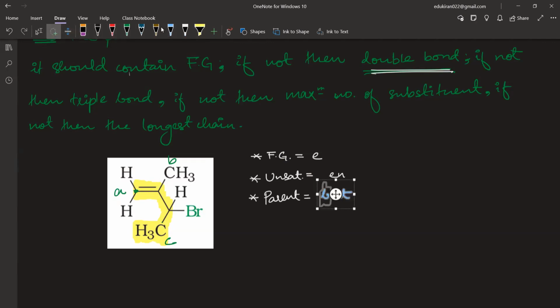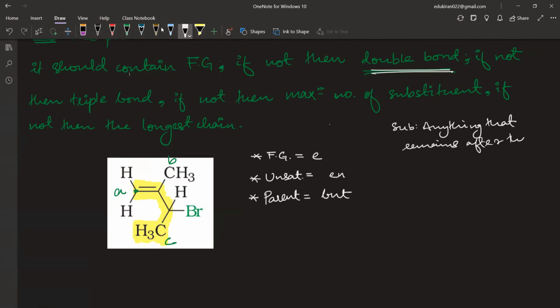Now comes the substituent. What is a substituent? Anything that remains after the identification of PUF. What is PUF? Parent, unsaturation, and functional group.